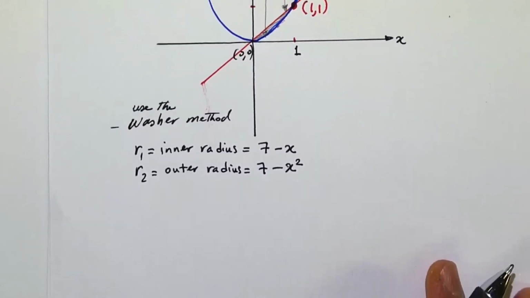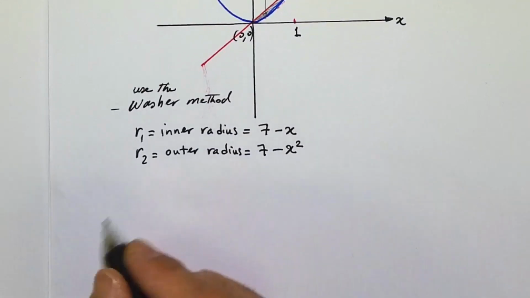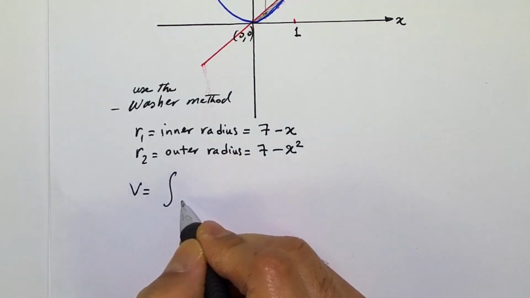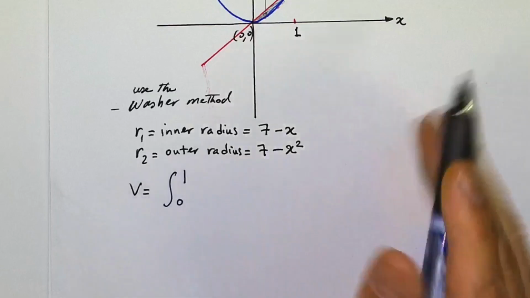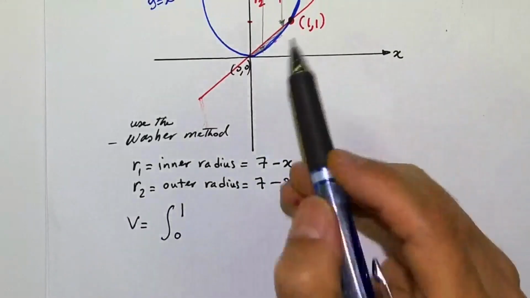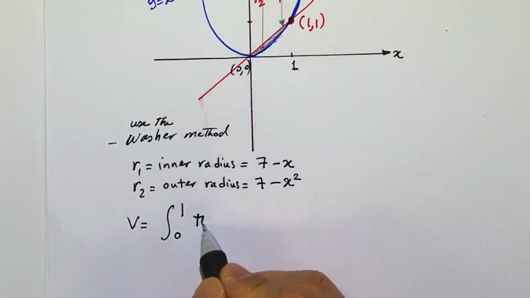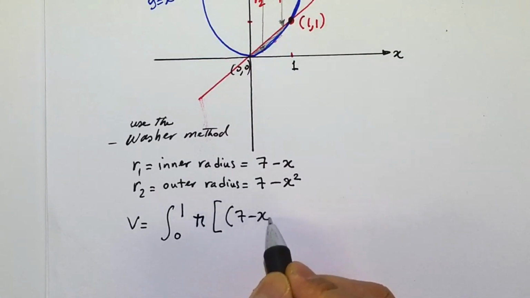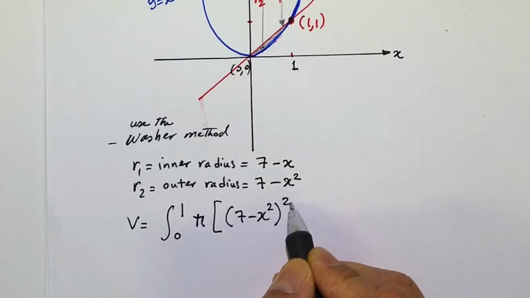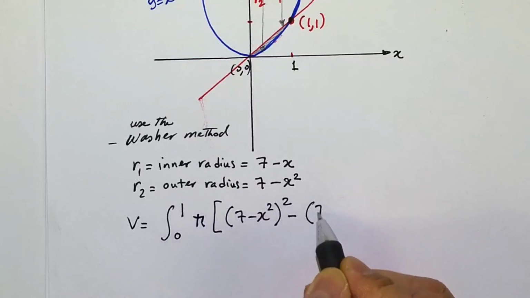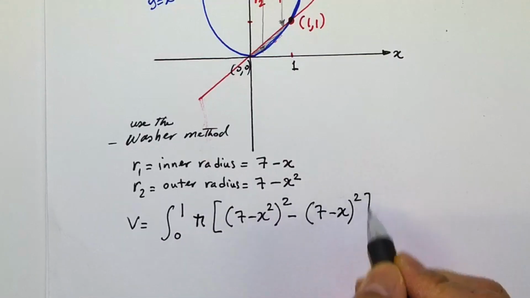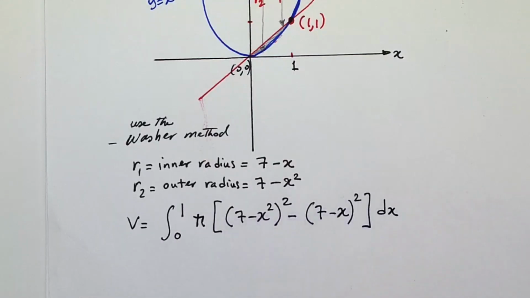So let's set up the integral for this. We have the volume represented as the integral from 0 to 1 of pi times the outer radius squared, 7 minus x squared, minus the inner radius squared, 7 minus x squared, dx.